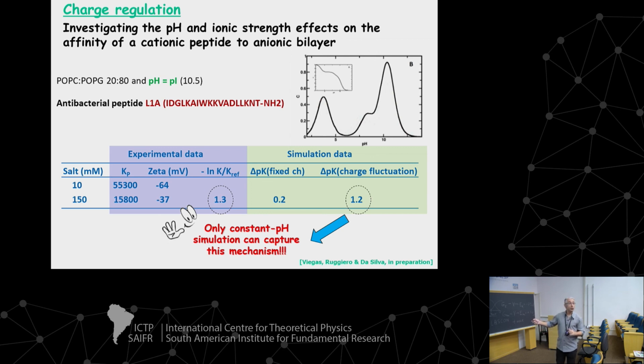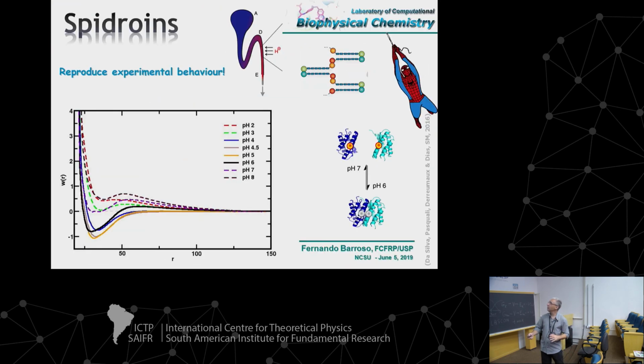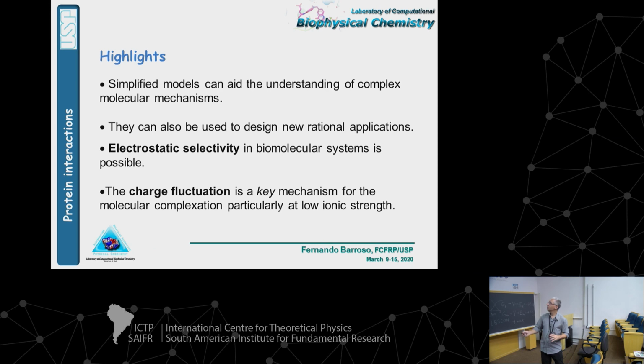If you do a fixed charge simulation, you can see that your result is very much different from the experimental one. Of course, we are comparing salt effects here. Only when I incorporate charge fluctuation in my model can I come up with results that are closer to the experimental data. So this is really what I meant when I wrote here that charge fluctuation is a key parameter.